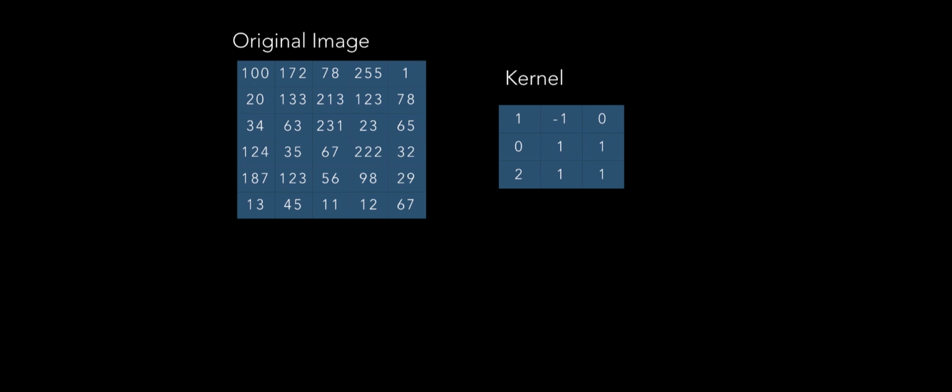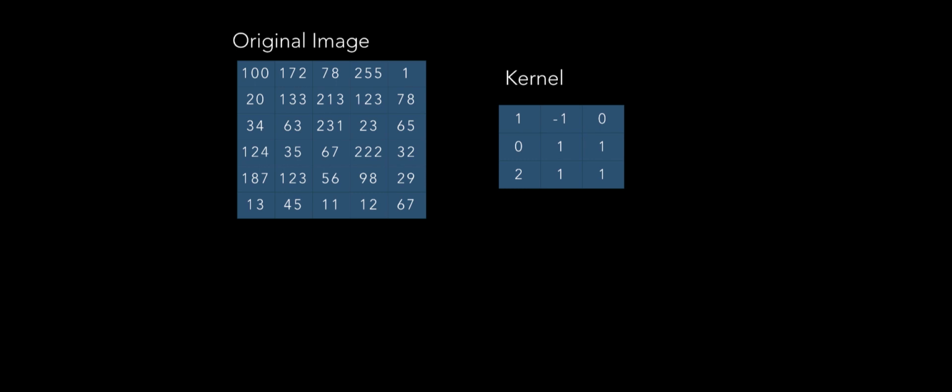So what's a convolution then? A convolution is a technique whereby you take a small matrix, so let's say a 3 by 3 matrix, and then convolve it with the original image.